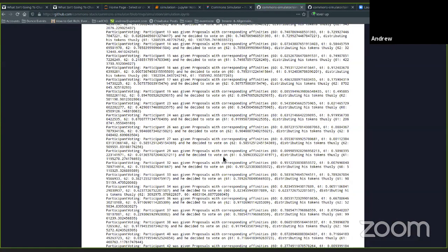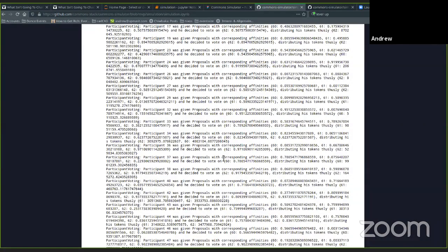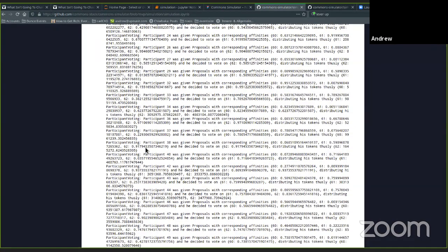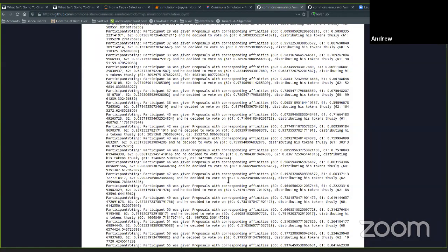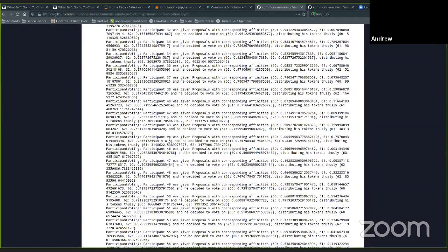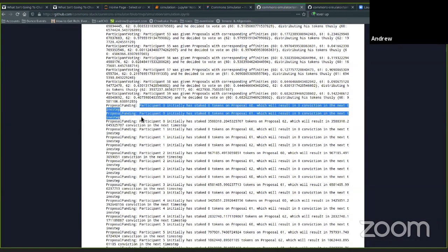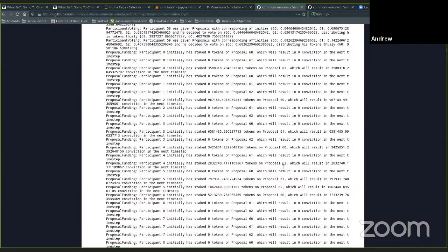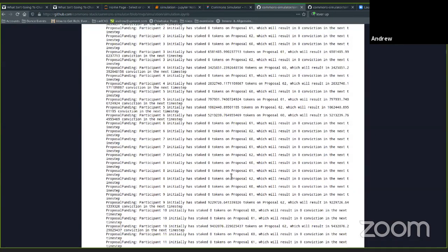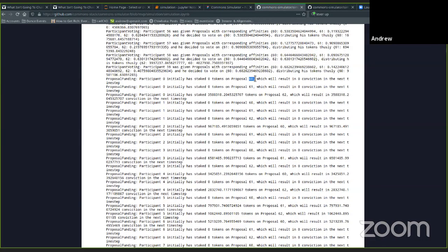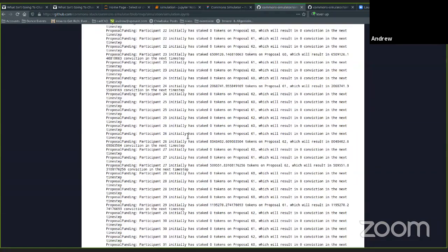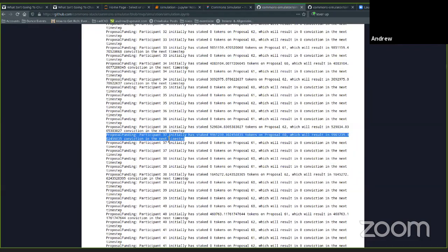Because 0.3 times sentiment meant they were never actually doing anything, so I set that to 1. So whenever a new proposal comes in, everyone's going to have an opinion on it. But once they have an opinion on it, they don't really change it. So you can see the conviction has initially a stake. Oh, okay. So this is what happens when a new proposal comes in. Initially, they have 0 tokens.